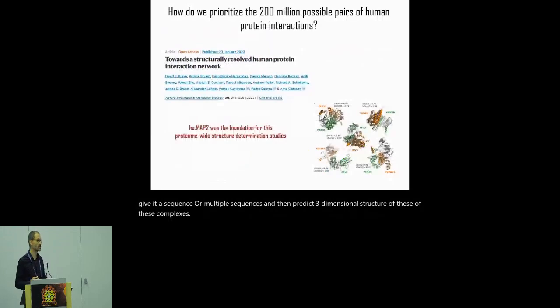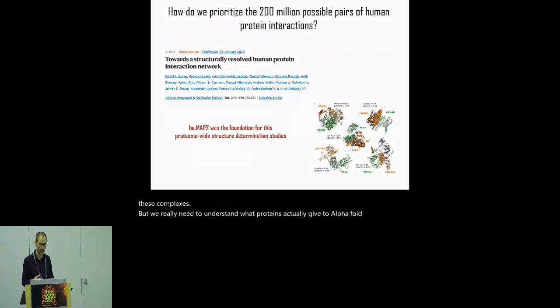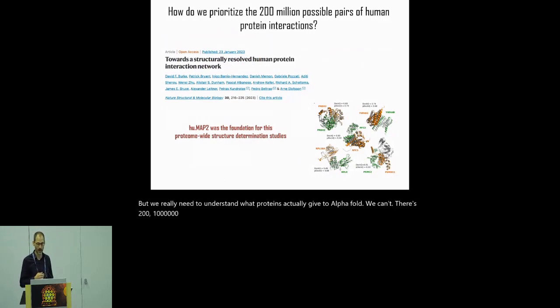But we really need to understand what proteins to give to AlphaFold. There are 200 million possible pairs of human protein interactions, so we have to ask what pairs of proteins we are giving AlphaFold.